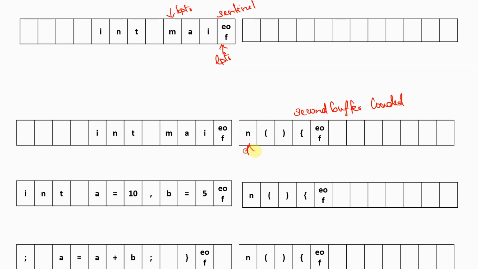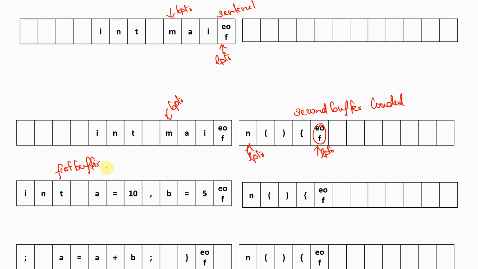So our look ahead pointer will be moving here and the beginning pointer will be available here. And when it reaches here, it is identified as a token, then it will move on. Now the look ahead pointer reaches the end of the instruction. At that time, it will load the first buffer.